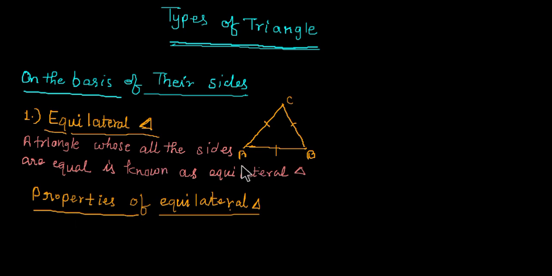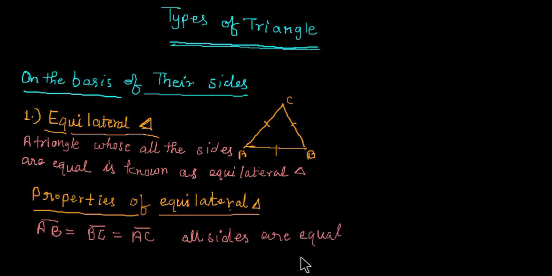So we can write here this side AB is equal to the side BC, which is also equal to the side AC. So we can say that all sides are equal.